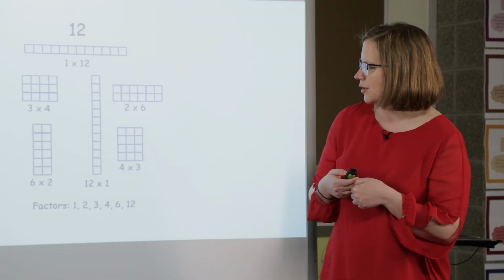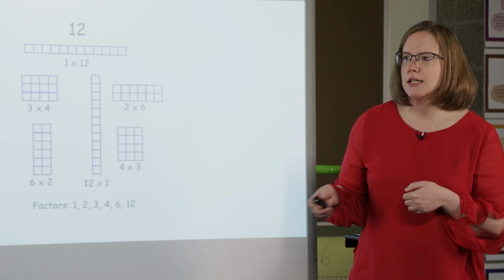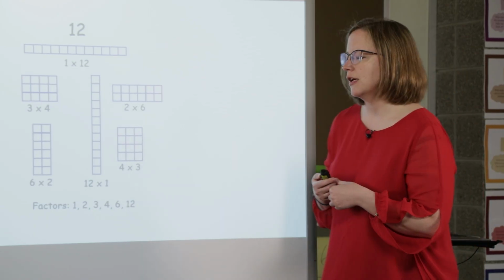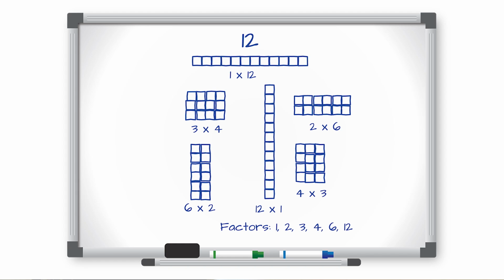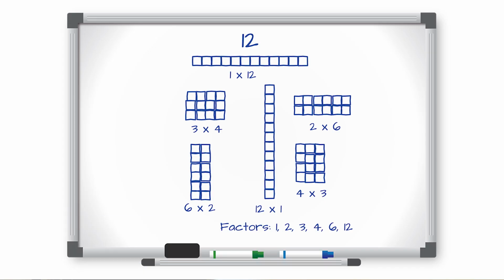There are other ways you could look at the posters too. Maybe you're more interested in those visual models. Let's see if we can notice a pattern looking at those. I'm looking at these models for 12, and one thing that catches my eye is that all these models seem to have a partner where it's the same, except it's turned.